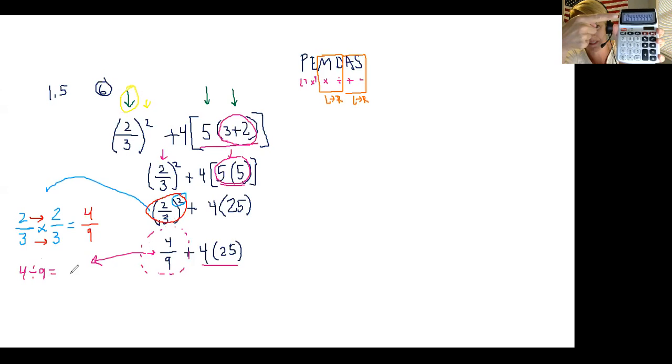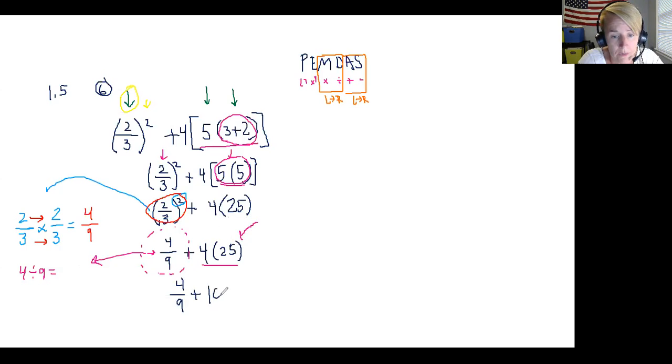By the way, some of you missed this on 1.5, the practice problems. If I wanted to put that in the calculator, I could, but I'm going to get this decimal that doesn't have any kind of ending, so it doesn't make sense to do that. So I'm just going to focus on the multiplication. 4 times 25 is 100. So I'm going to copy down my 4 over 9 plus 100.